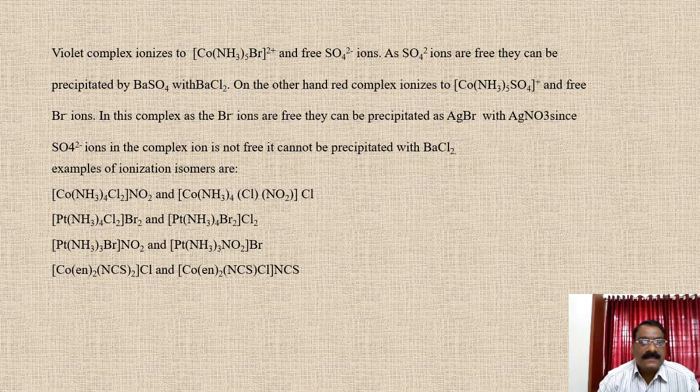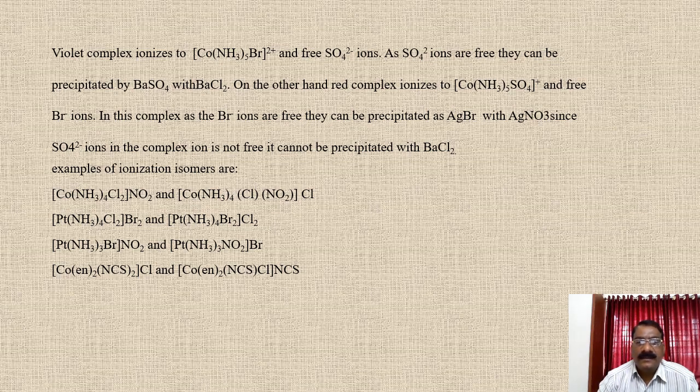The violet complex ionizes to [Co(NH3)5Br]2+ and free SO4 2- ions. As SO4 2- ions are free, they can be precipitated as BaSO4 with BaCl2.